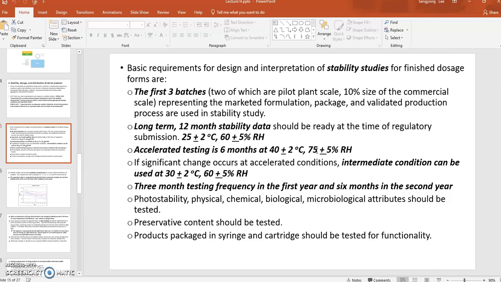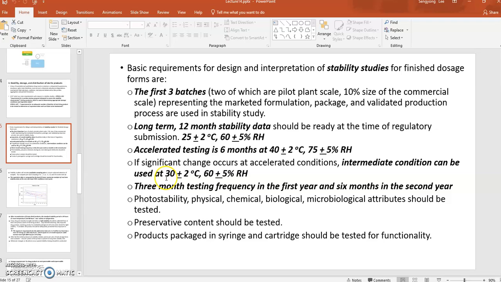Also, there are some drugs that should be refrigerated or frozen all the time. Then you cannot use those conditions, of course. And if significant change happens during the accelerated study, then instead of using that condition, you can use something called intermediate condition. Okay, that is a little milder.